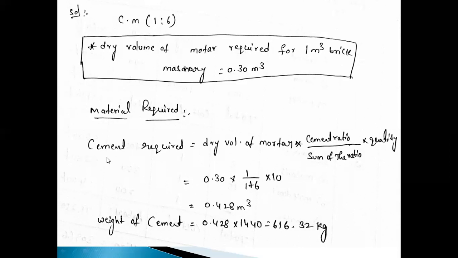So first one, cement requirement equal to dry volume of mortar into cement ratio by sum of the ratio into quantity. So the dry volume of the mortar is 0.30 into cement ratio 1 divided by 1 plus 6, sum of the ratio, into quantity 10 cubic meter.